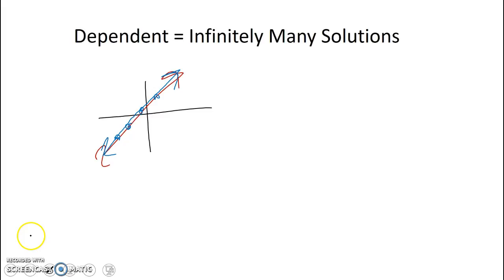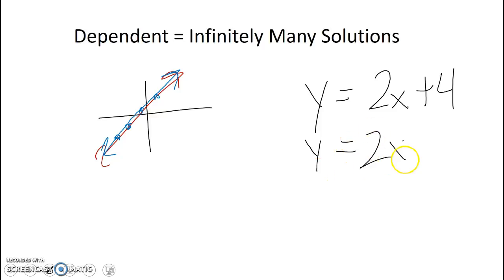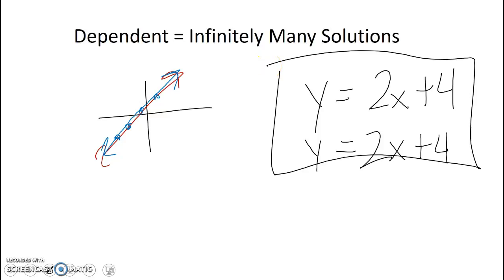So what you're looking for in these cases is a system that is this. These are dependent or have infinitely many solutions because they're exactly the same line.